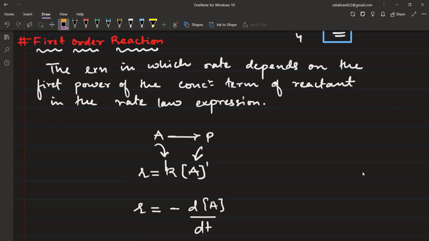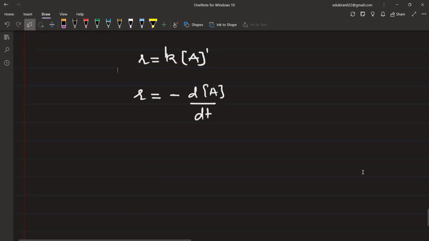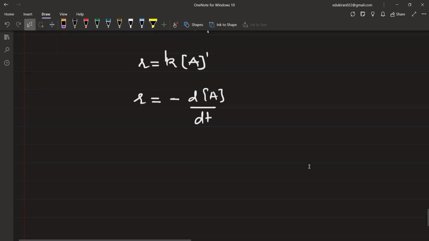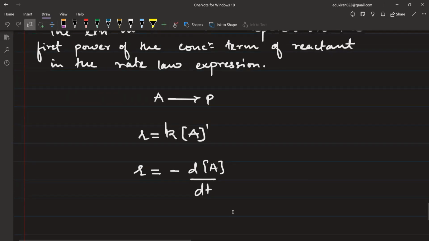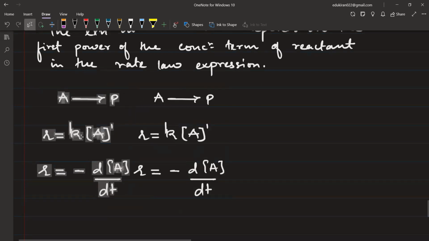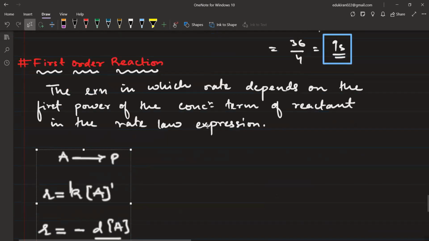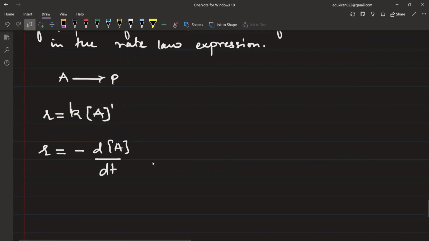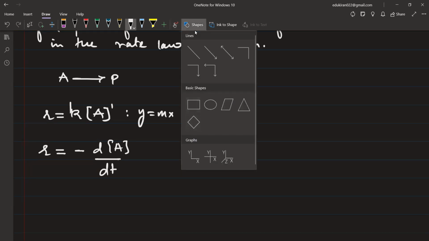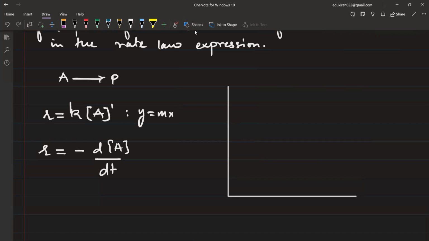Now we will equate the theoretical and the experimental. But before that, we can plot a graph also. Now it will be easy for you to plot the graph. See, R is equal to K into A. We can write this as y is equal to mx. So y will be the rate, m will be the constant, and x will be the concentration. Now y is equal to mx plus c.